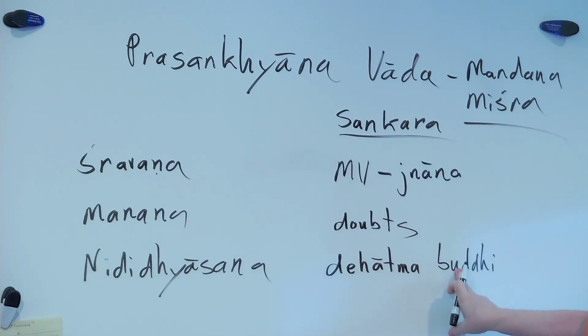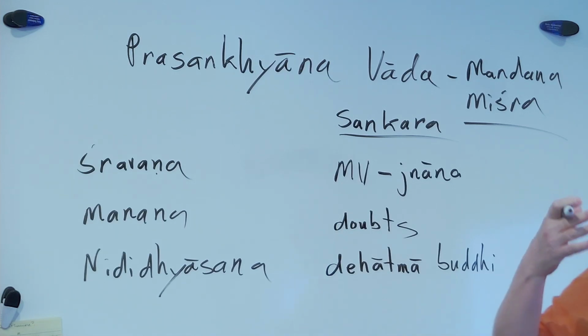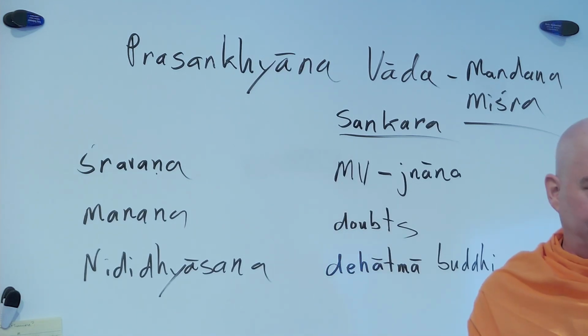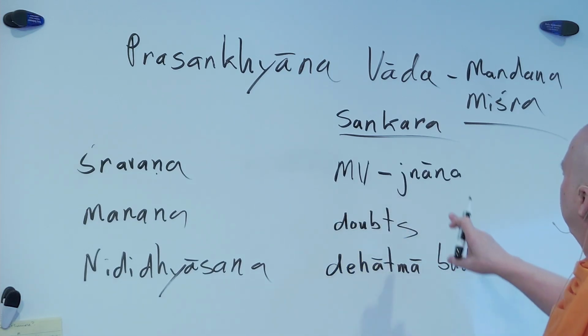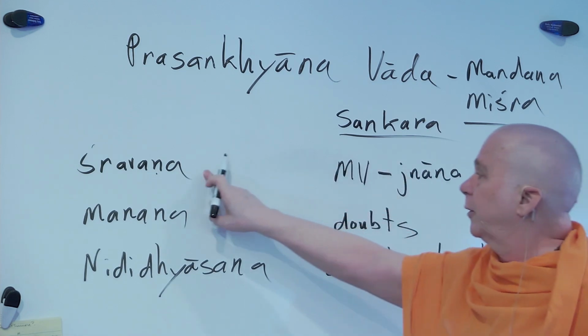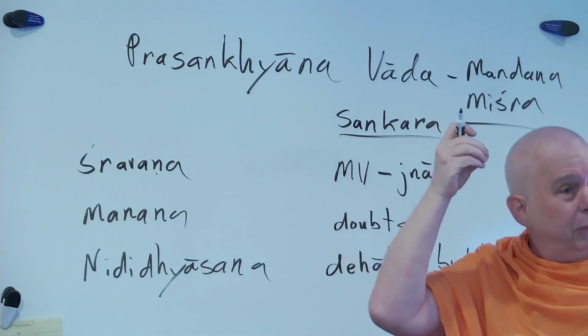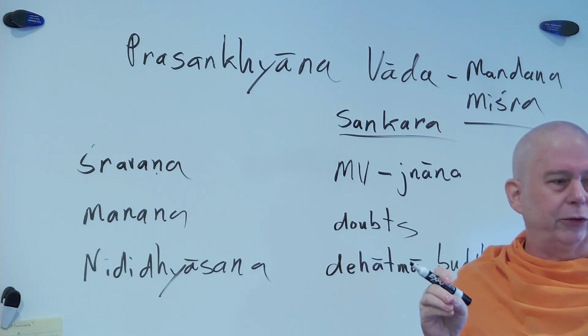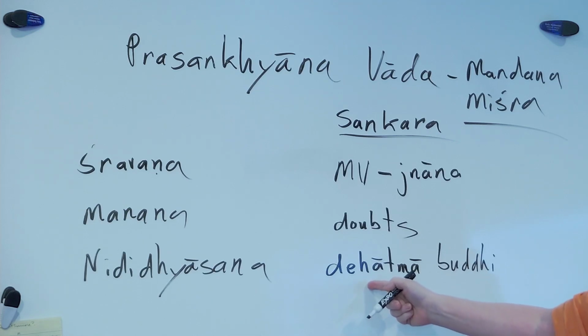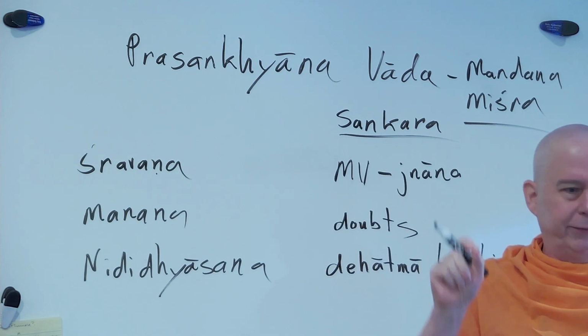Dehatma buddhi means a buddhi, this habitual identification that you, your true self, is deha, both sthula and sukshma. So habitual identification with your body and mind. Which means this knowledge that you get as a result of Shravana, it is knowledge. It is complete, immediate discovery of your true nature, but we've got these problems. These problems in Sanskrit are called pratibandhas.